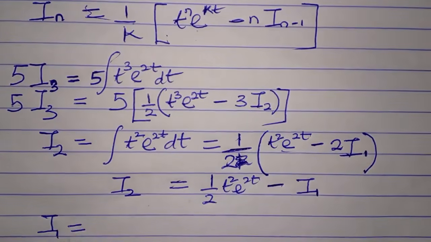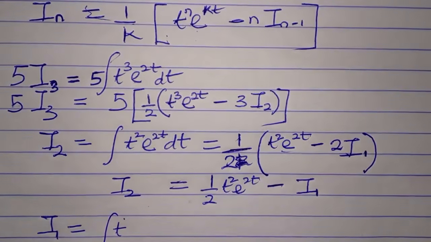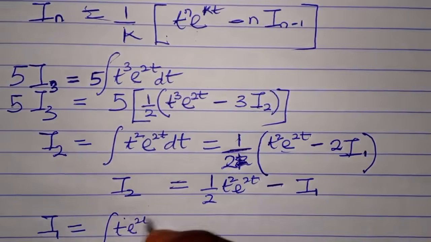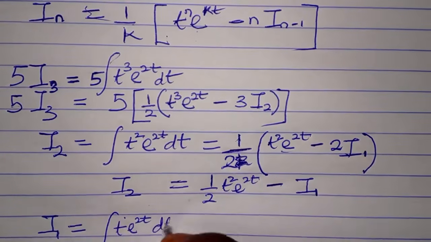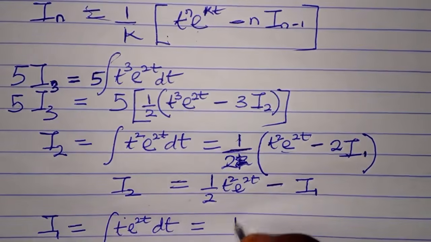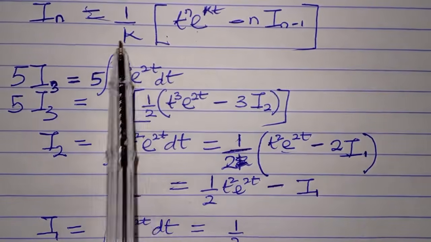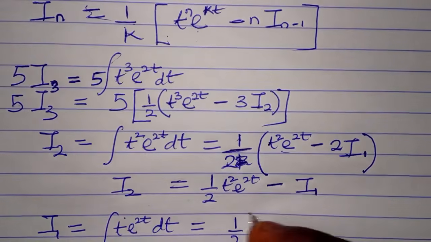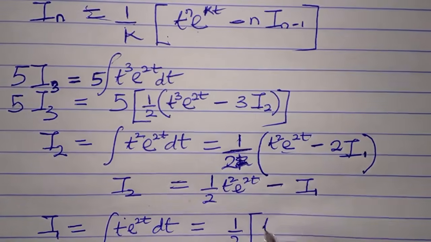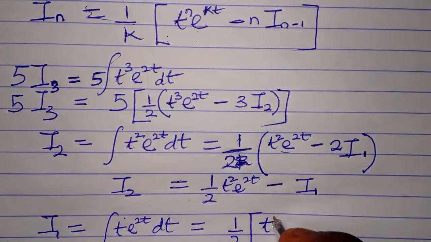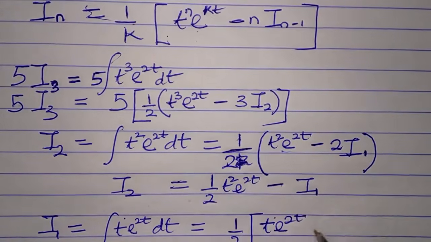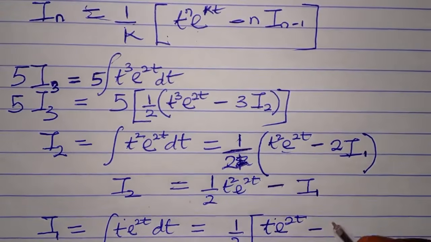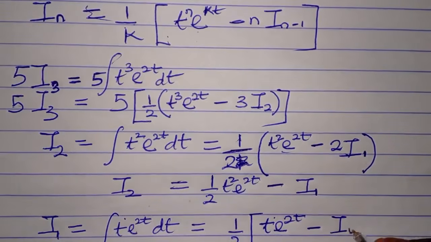I1 is the integral of t to the power of 1 e to the power of 2t dt. I1 simply means n is equal to 1. And that will be 1 over 2 because k is 2, into t to the power of 1, e to the power of 2t, minus n is 1, 1 minus 1 is 0, I naught.